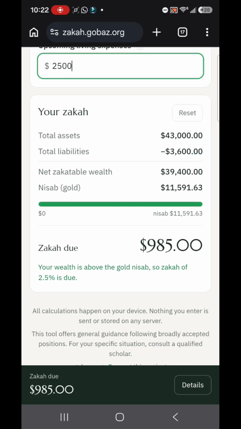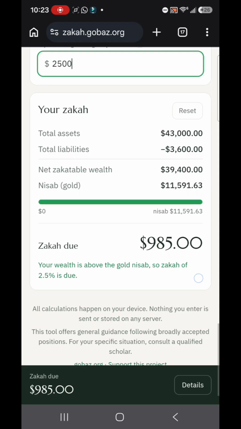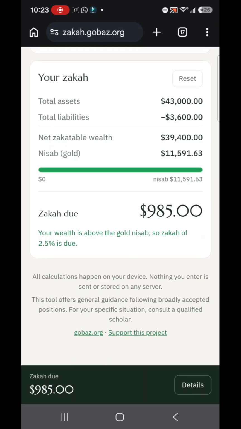The nisab of gold is $11,591. That's the minimum amount of money you need to have under your ownership for a year, as mentioned earlier, and you are way beyond that amount. You are at 39,000. So the zakat due is 985.